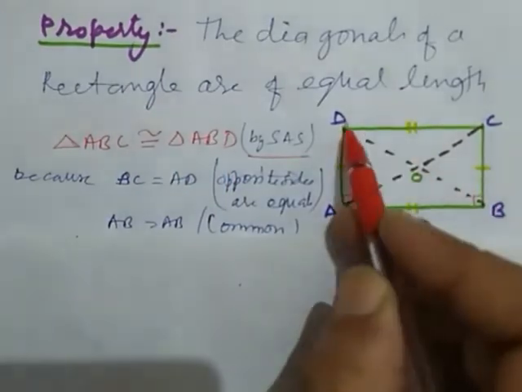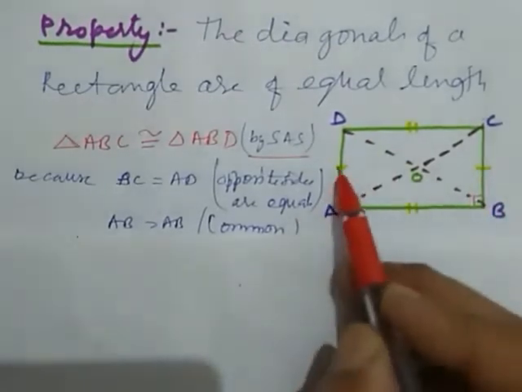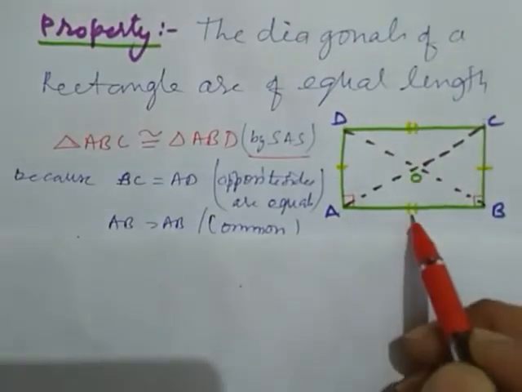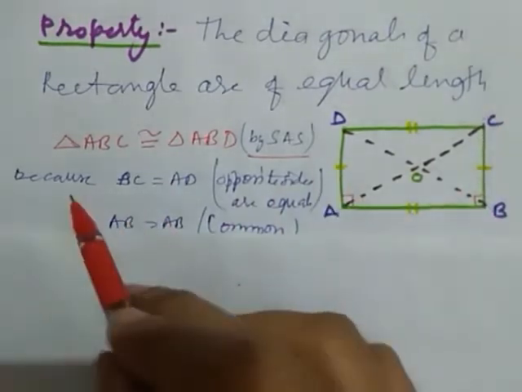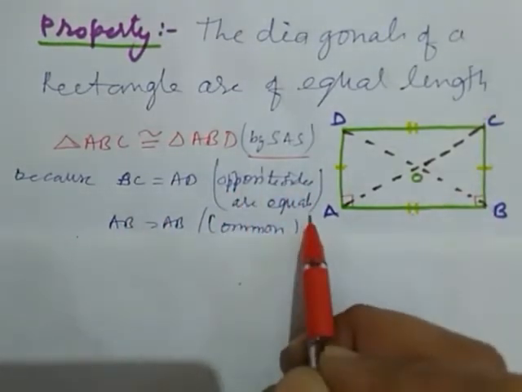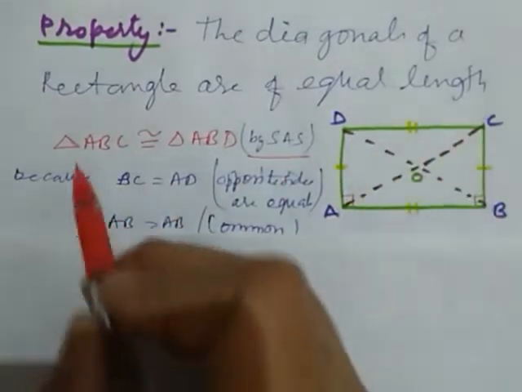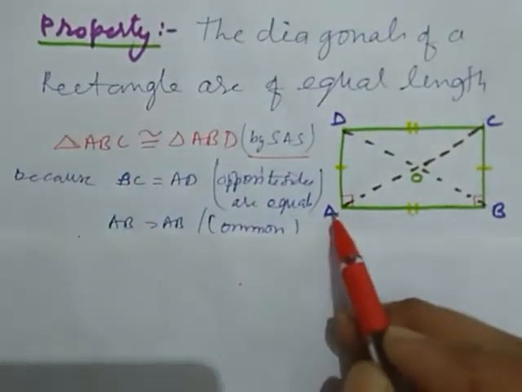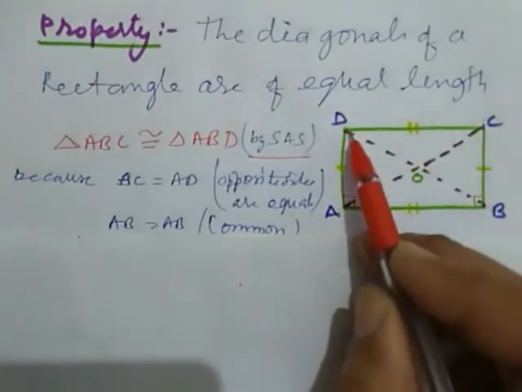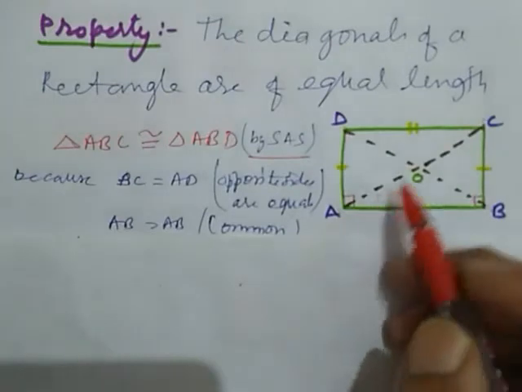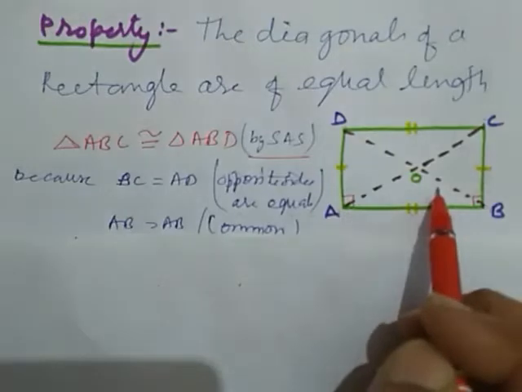AC equals BD. This is given to us, and we know that the opposite sides of a rectangle are also equal. So BC equals AD. Why? Because opposite sides are equal. Here we know the triangle ABC: AC also divides this whole rectangle into two triangles.